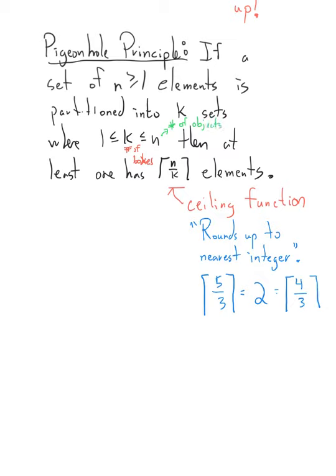So if you want to put n objects into k boxes, at least 1 has more, and this is basically saying, if you think about it, n over k is the average in each box. So it's not true that all of them have less than the average. That's a cool way to think about it.